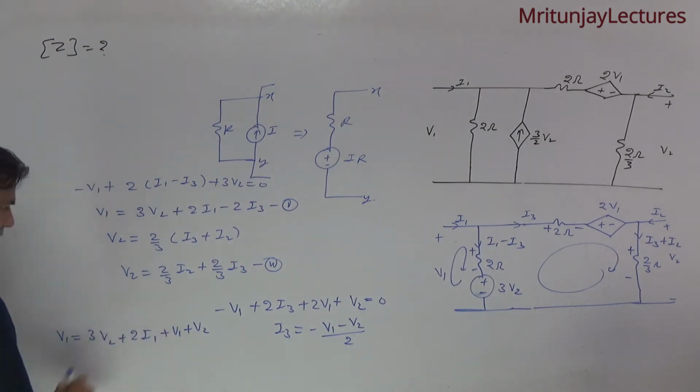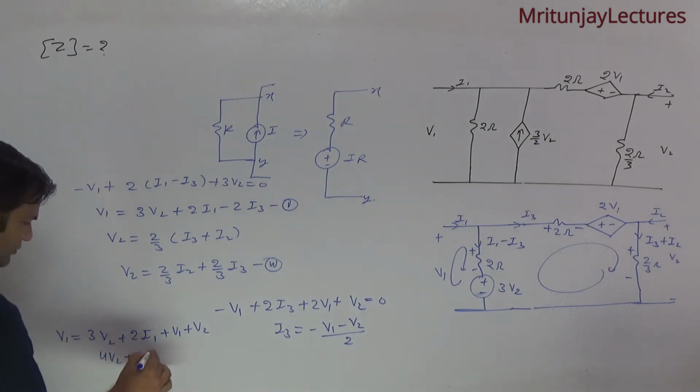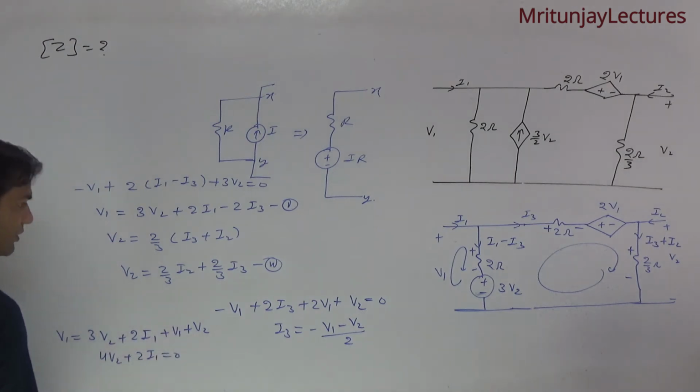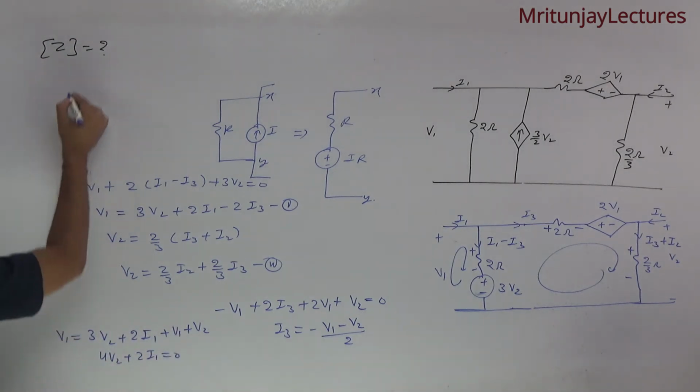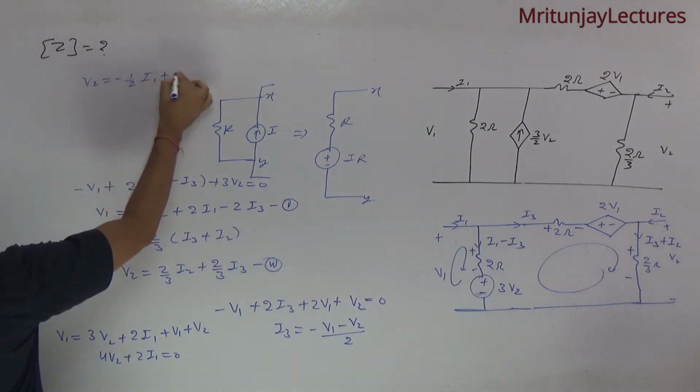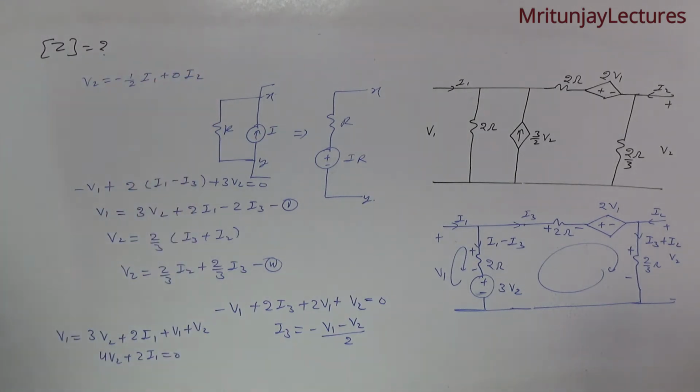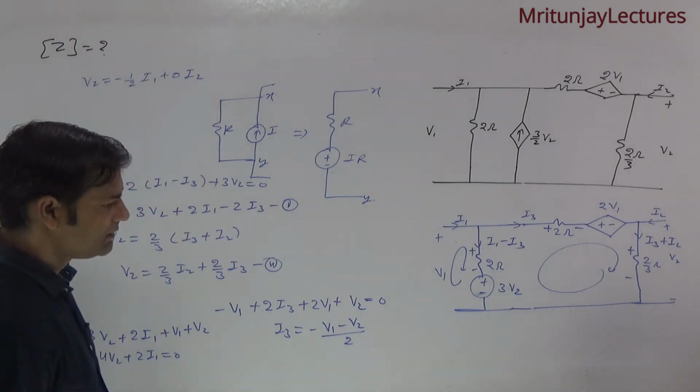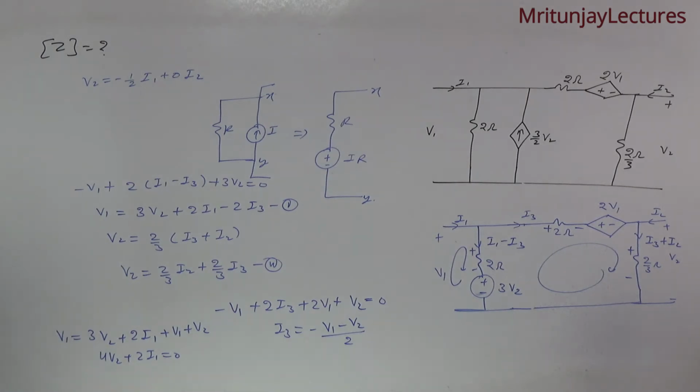So V1 cancels out, that is 4 V2 plus 2 I1 equals 0. So V2 is written as minus 1 by 2 I1 plus 0 into I2. Okay, 0 into I2 corresponding.